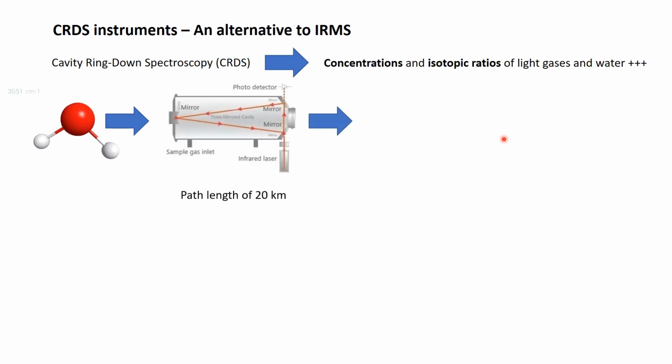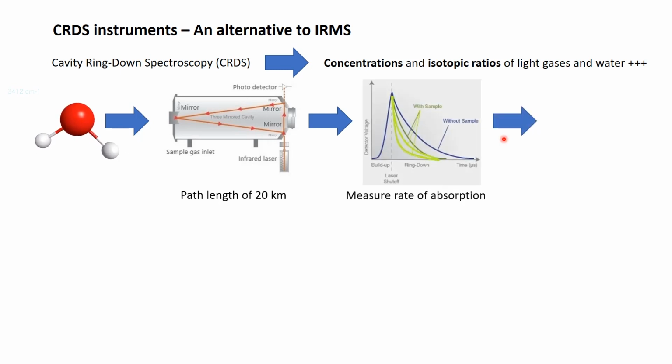A laser pulse is injected into a cavity filled with a sample gas, and the light will bounce between the mirrors in the cavity until it is absorbed by the sample gas. The rate of absorption of a certain light frequency will be proportional to the isotopic composition of the sample.